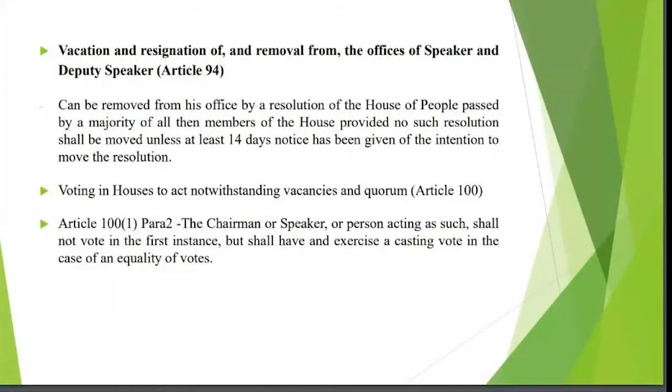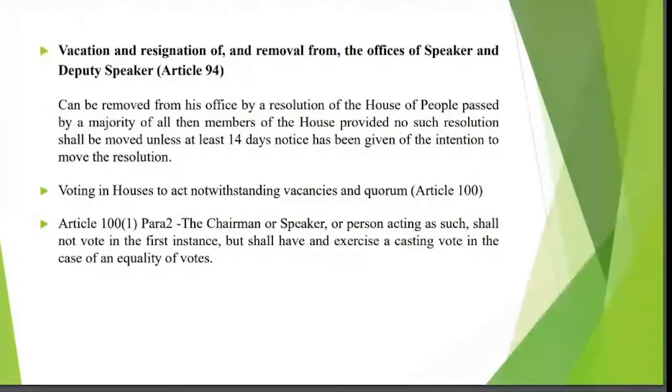Then Article 94 deals with the vacation and resignation of and removal from the offices of Speaker and Deputy Speaker. Same as in the case previously mentioned, 14 days' prior notice shall be given.